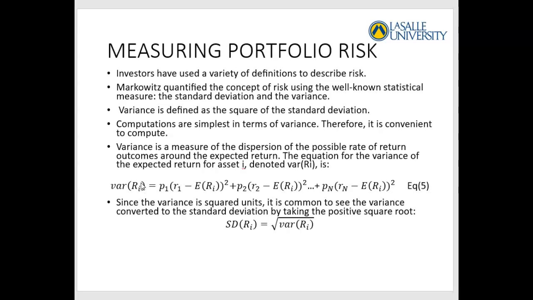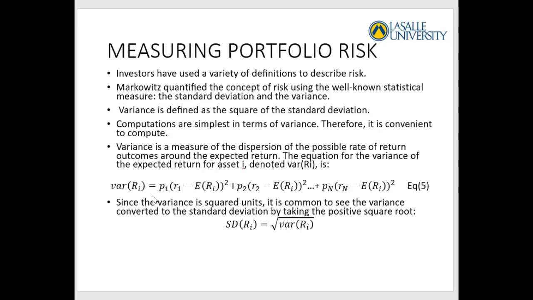I is the subscript that helps us identify the individual asset, or the individual stock, that we are calculating the variance for. And if you recall the example for calculating expected returns that was demonstrated in part 1 of the same lecture, we assumed a certain probability distribution for our risky asset because we're not exactly sure what the future value of the return of that asset will be.